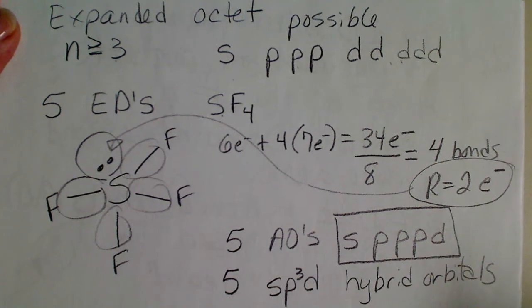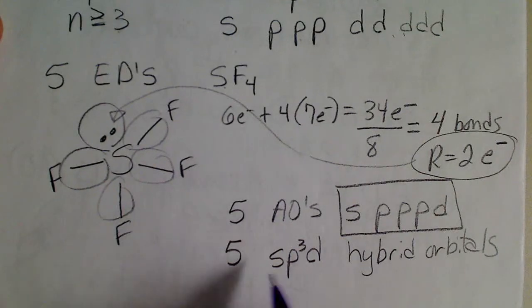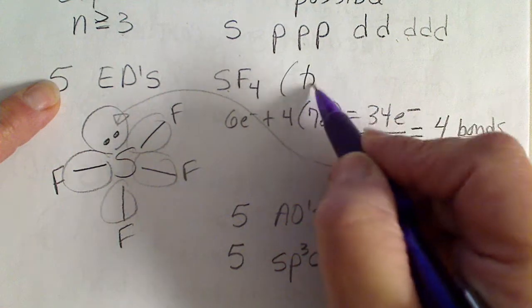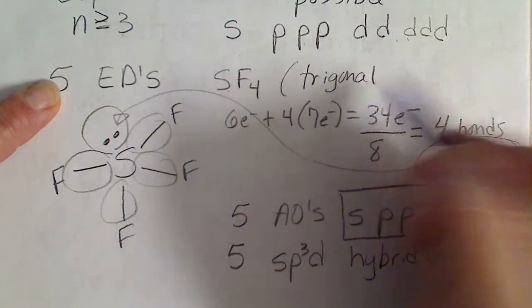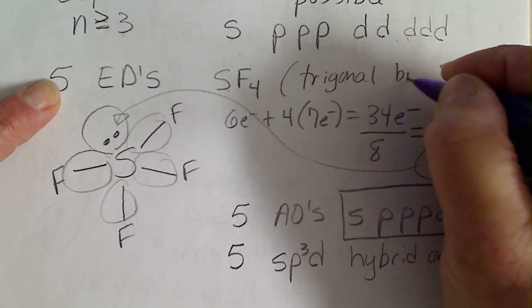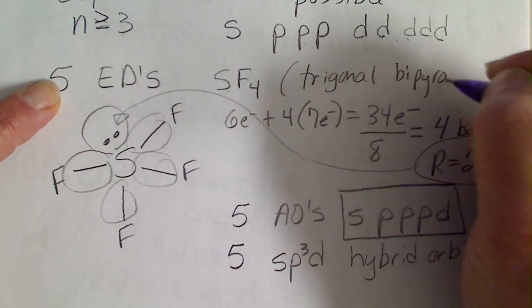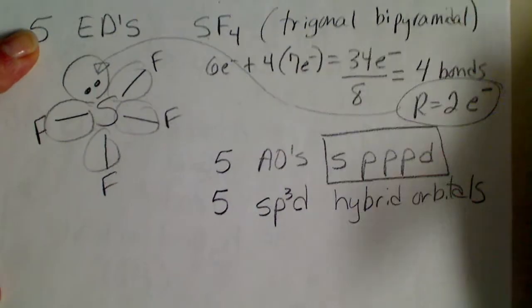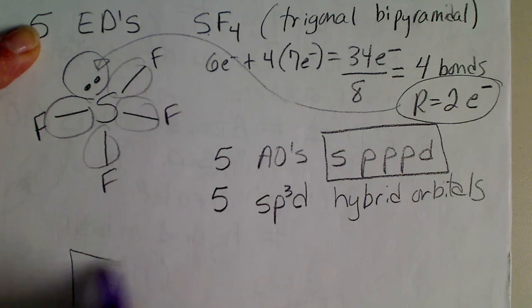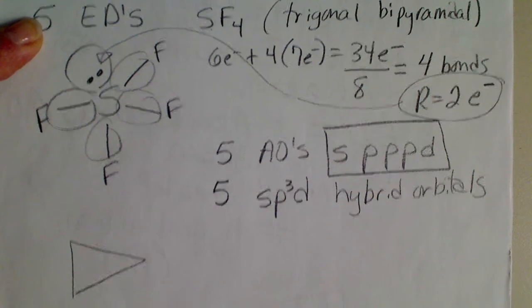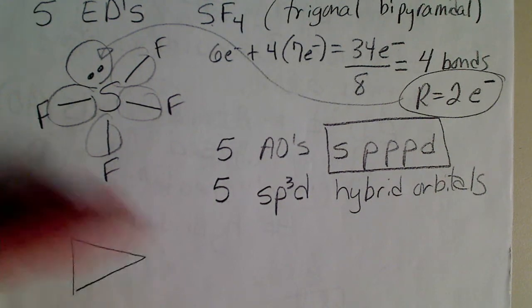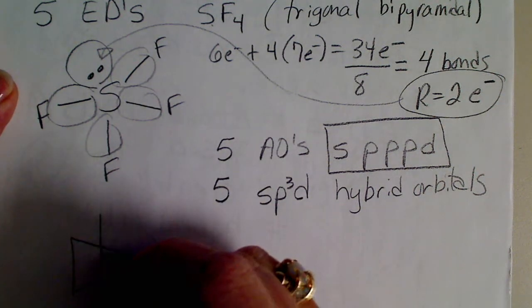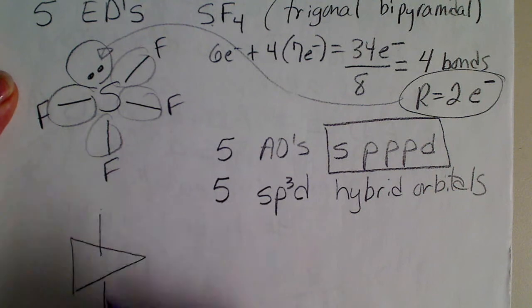And recall from an earlier slide, 5 electron domains automatically means we have the trigonal bipyramidal electron domain geometry. And I can try to draw that. We have to imagine this triangle being perpendicular to the paper, and then our 2 pyramids, bipyramidal, 1 orbital above and 1 below.